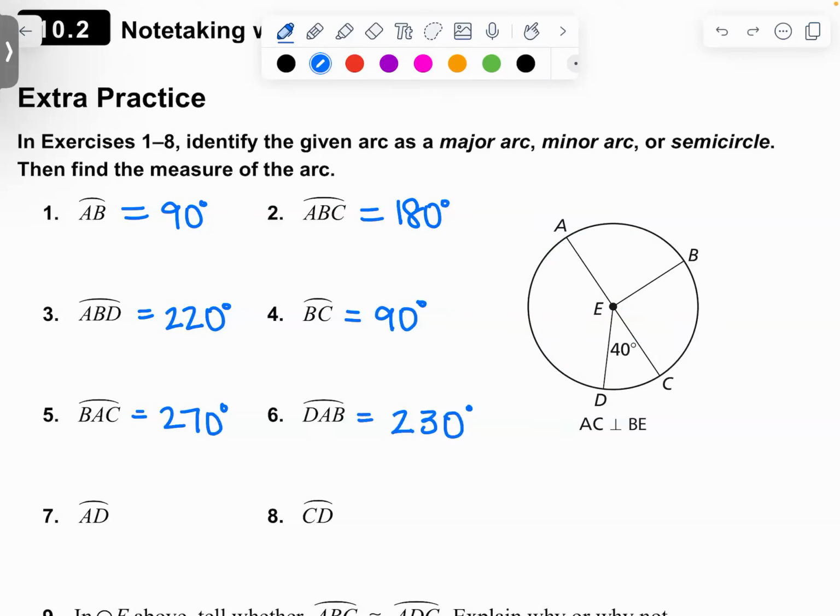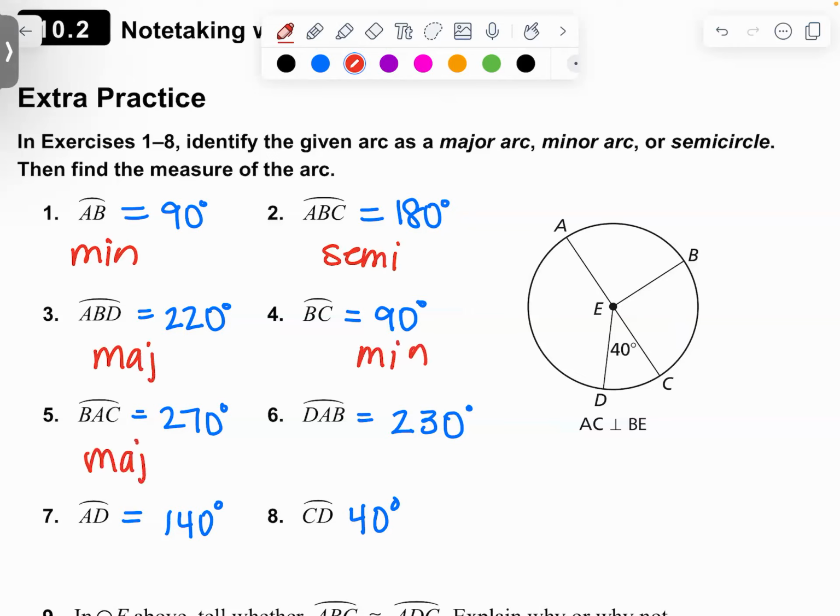Okay. All right, Presley AD. Okay, and Alex CD. Okay, so you should have minor, semi, major, minor, major, major, minor, minor. Just write semi for semicircle. Yeah, I'll be good with that.